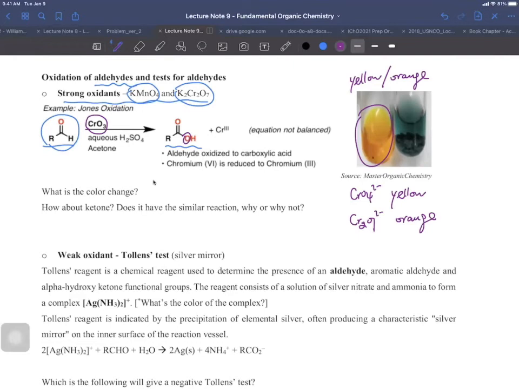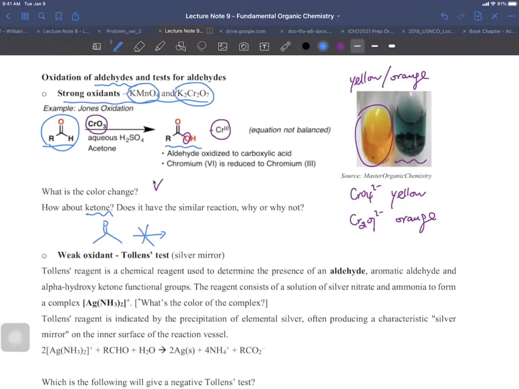But after the redox reaction, the +6 chromium is reduced into the +3 chromium, which is green. So if you observe an obvious color change like this, it means the aldehyde is oxidized. So this is the color change. Obviously, the ketone cannot be oxidized in this way, because there's no way to insert the oxygen.